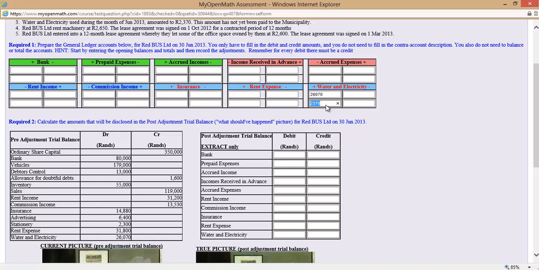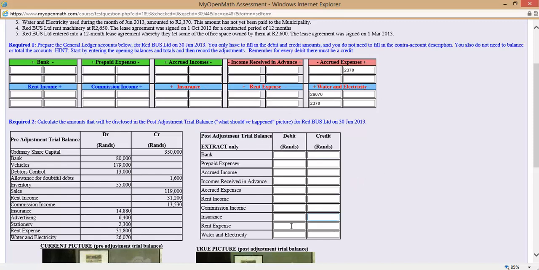So we owe money to the other party. That's going to be a liability that has increased, so my liability increases here, 2370. That is that in terms of the ledger. So I debit my water and electricity, I credit my accrued expense account.